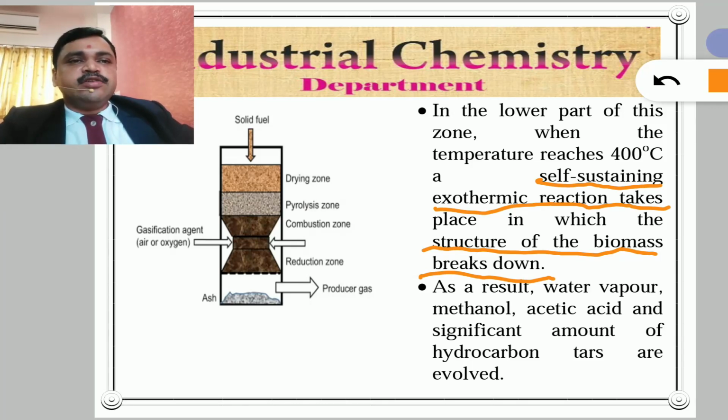As a result, water vapor, methanol, acetic acid and a significant amount of hydrocarbon tars are evolved. Note that after the self-sustaining exothermic reaction, when the temperature reaches 400 degrees Celsius, the biomass is converted into water vapor, methanol, acetic acid and hydrocarbon tars.